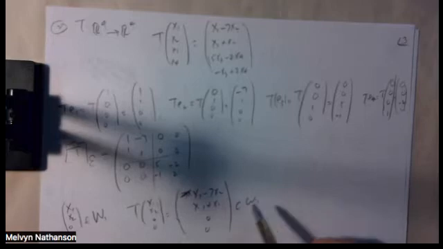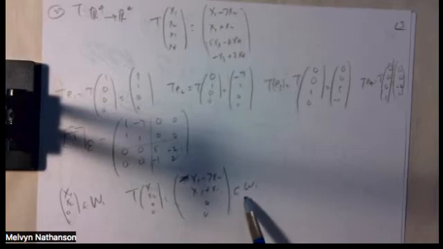So this is in W1. So if you take a vector whose third and fourth coordinates are 0, T of that vector gives you another vector with the third and fourth coordinates 0. So the image is in the subspace W1.